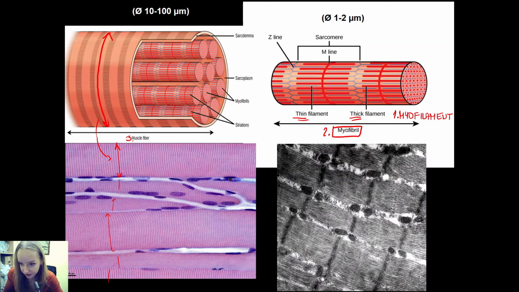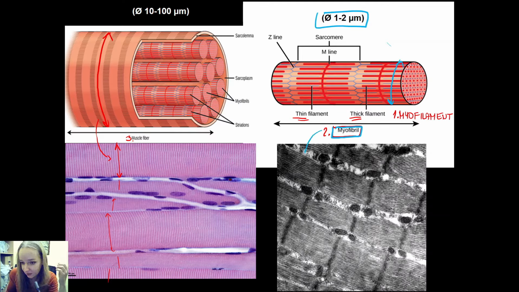Here we have a myofibril, and the diameter of a myofibril is 1 to 2 micrometers. That means that we can see them in a light microscope, they are big enough. But in the electron microscope, we can see them like this.